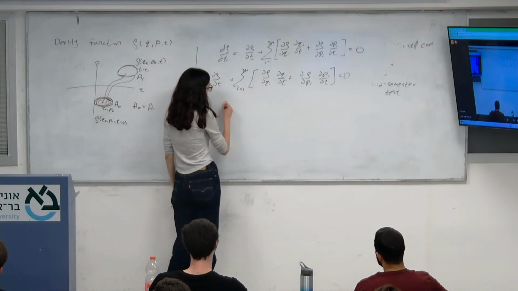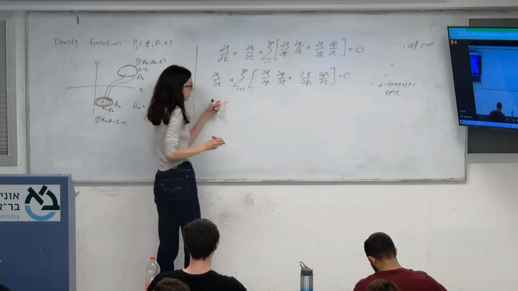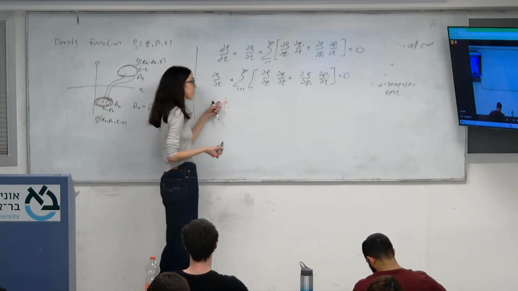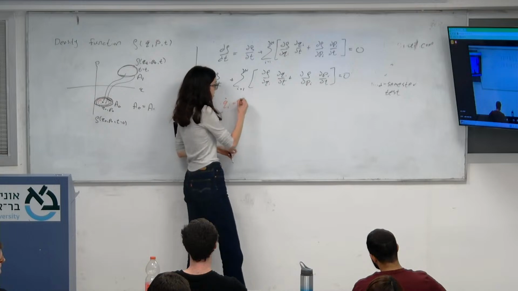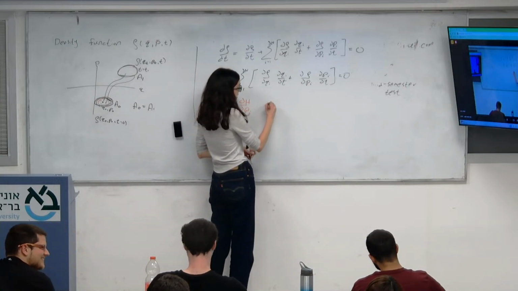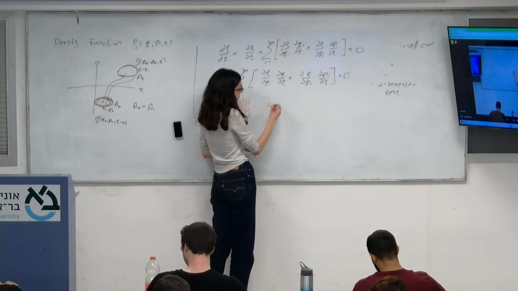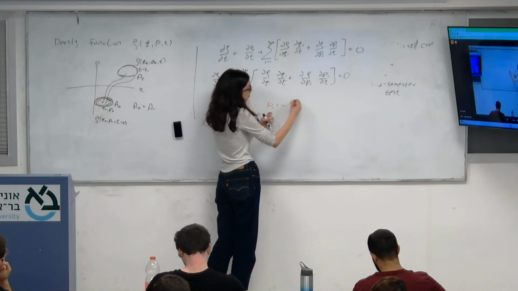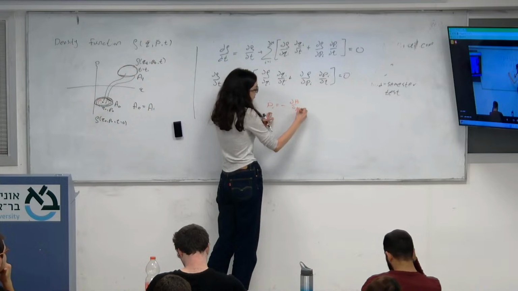Just a reminder, we said the derivative of q with time is equal to dh dp, and the derivative of p with time is minus dh dq.